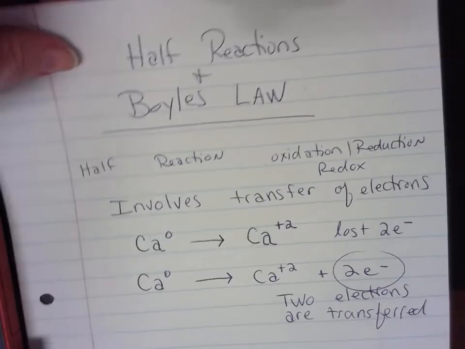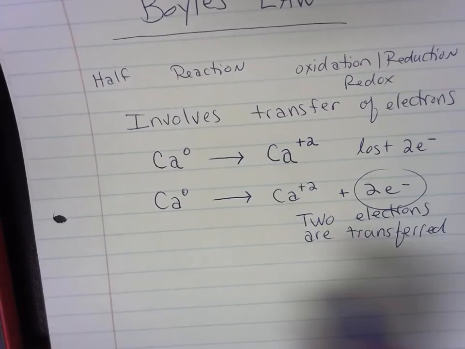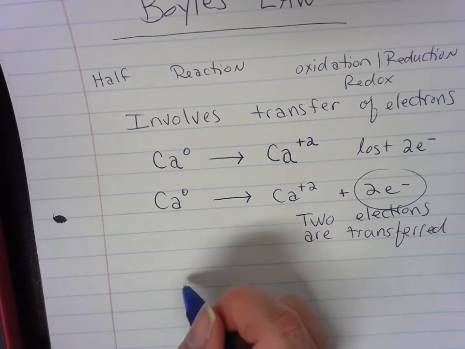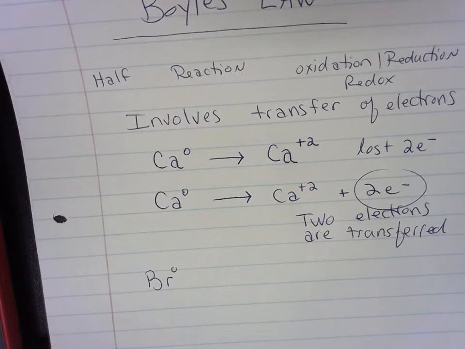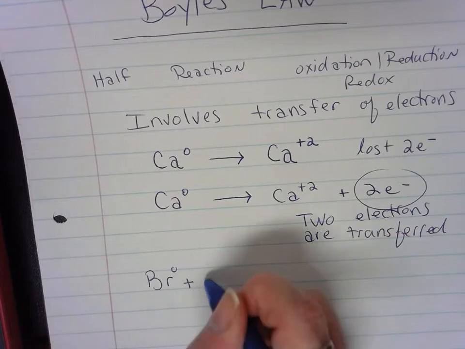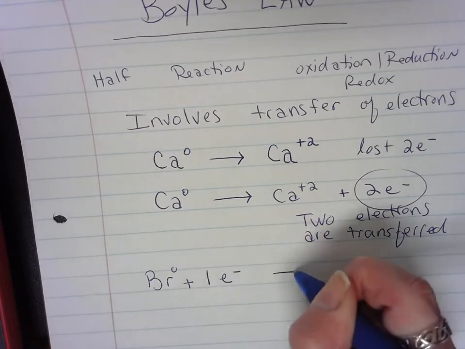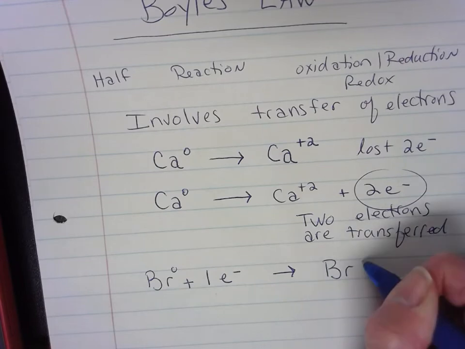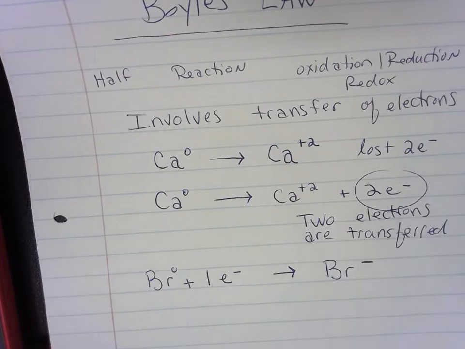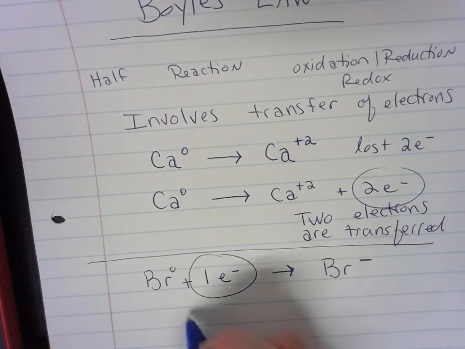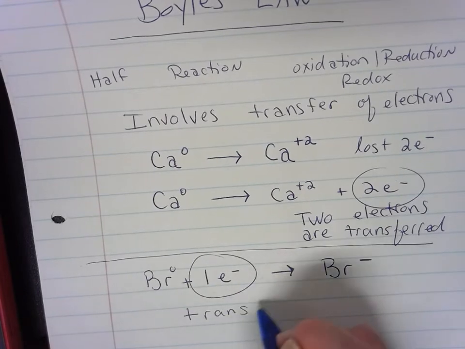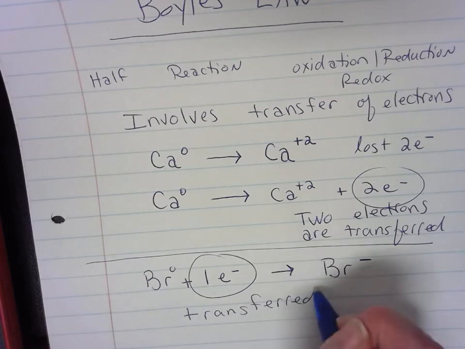Now, let's take a look at something like bromine in its elemental state. It likes to become a negatively charged ion, an anion. So if we add 1 electron to that, we would get bromine with a negative charge. Now for this one, we have very simply transferred 1 electron.